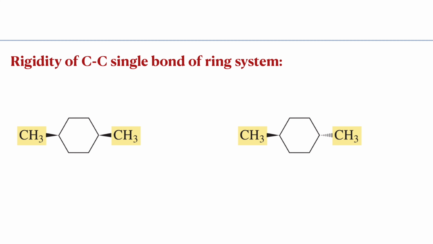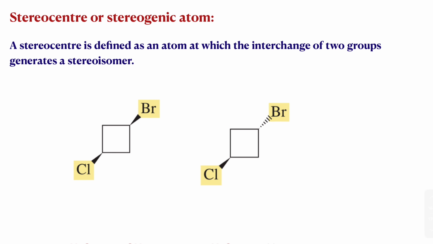non-rotatable bonds. Now finally, let us talk about the stereo center or stereogenic atom. A stereo center is an atom at which the interchange of two groups generates a stereoisomer. Let us understand.